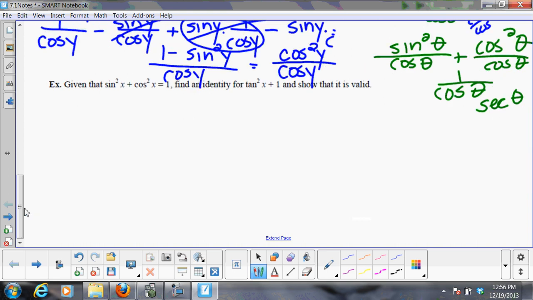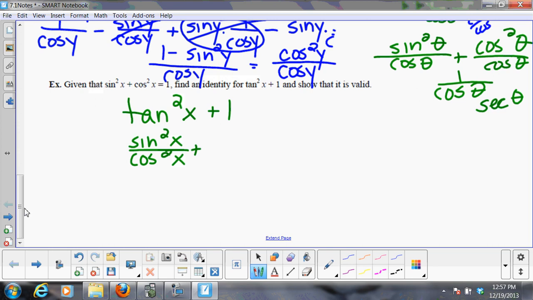All right, and the last one on your front page says, given that sine squared and cosine squared equals 1, that's one of the trig identities from above, find an identity for tan squared x plus 1 and show that it's valid. Well, tan squared x plus 1. We can change tan squared x to sine squared x over cosine squared x.